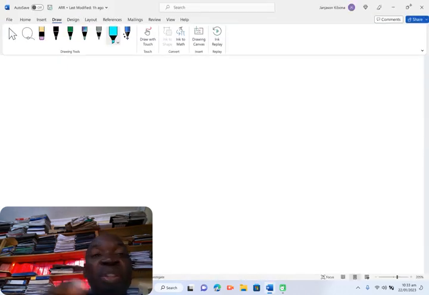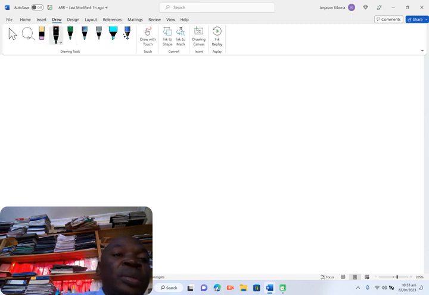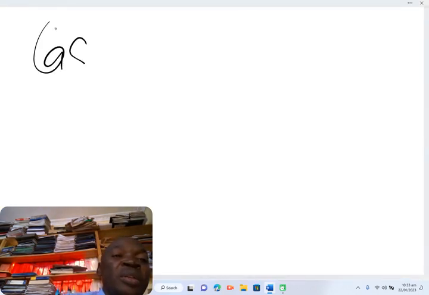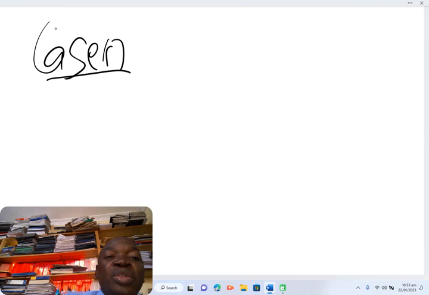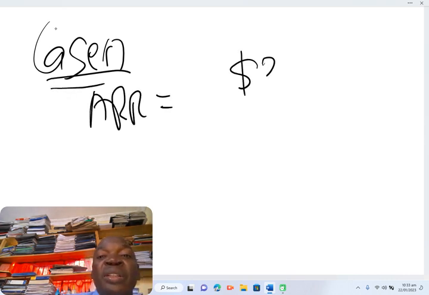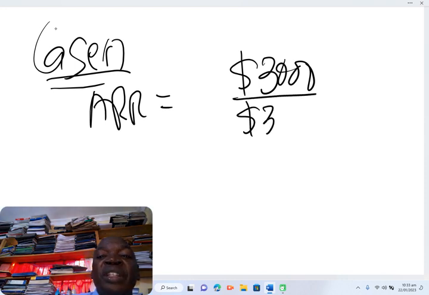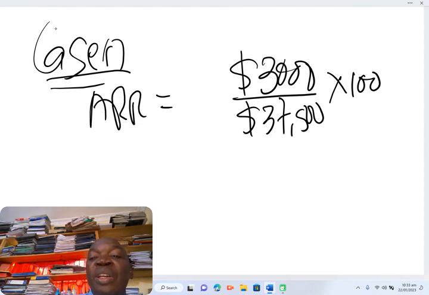So case 1: ARR is equal to $3,000 divided by $37,500 times 100. So this is the first case.